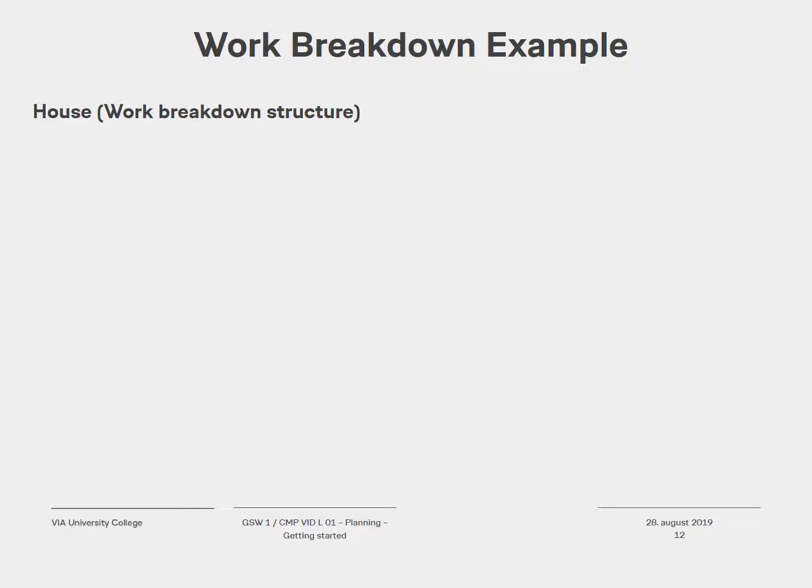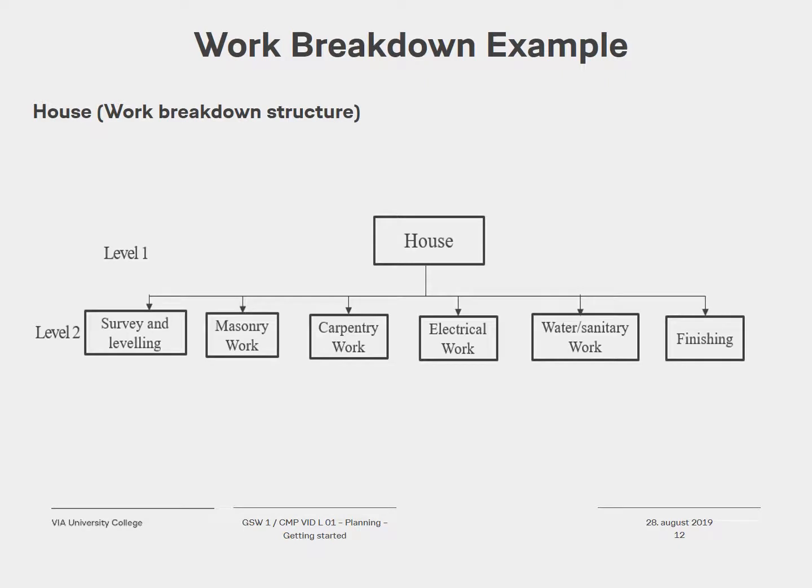An example of a work breakdown structure for a house is quite straightforward, where you can see the division into different levels. At level 1, you just have a house. At level 2, you've split the house construction project into smaller elements, such as surveying and leveling, masonry work, carpentry work, and electrical work.